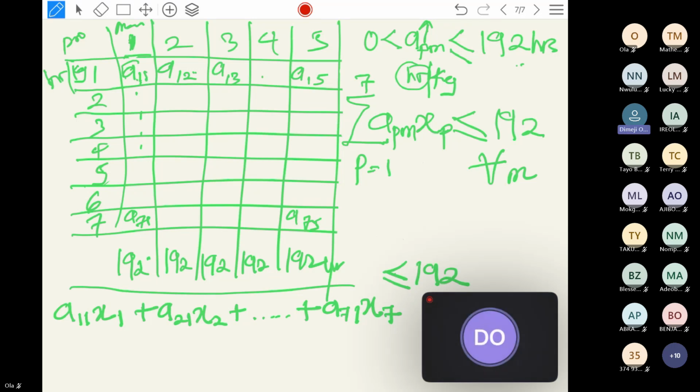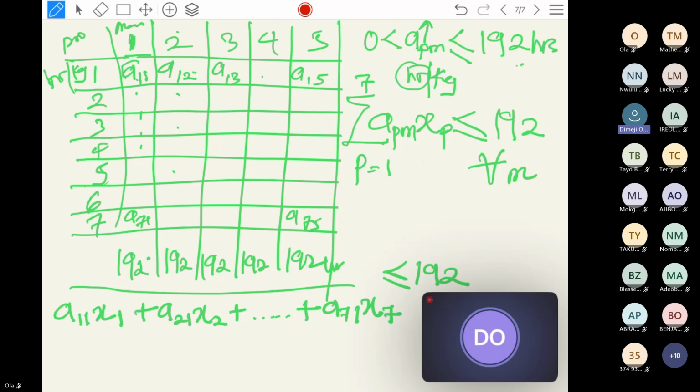So I'm going to do that for the second machine as well. A21 X1, A22 X2, the same thing like that. So I'm going to have 5 equations for the constraints.